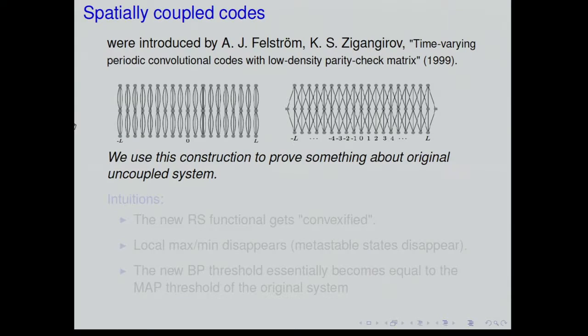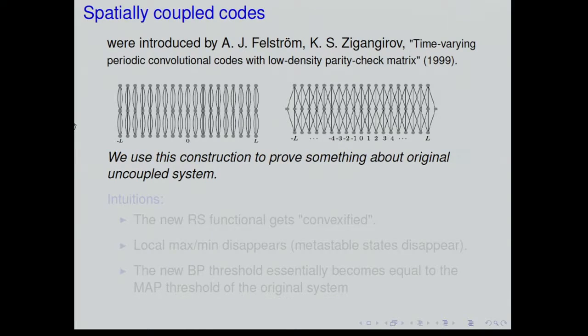So what is spatial coupling? This construction, as I said, is an engineering construction, introduced by Felstrom and Zigangirov. What you do here is that, first of all, you align along a chain a certain number of LDPC code ensembles. So that's a cartoon picture for a set of 2L+1 LDPC code ensembles.